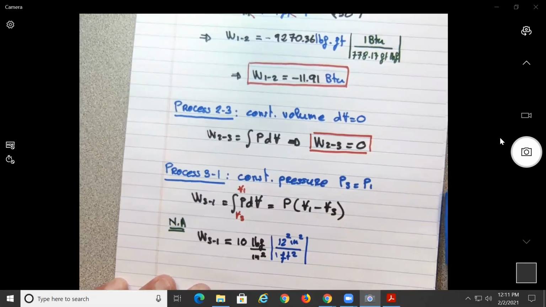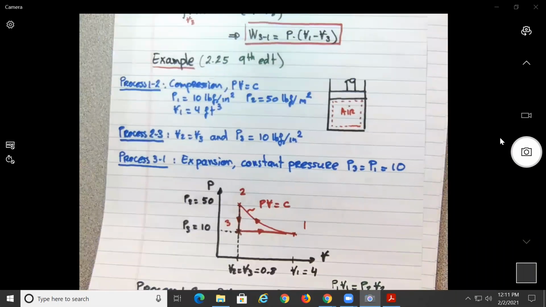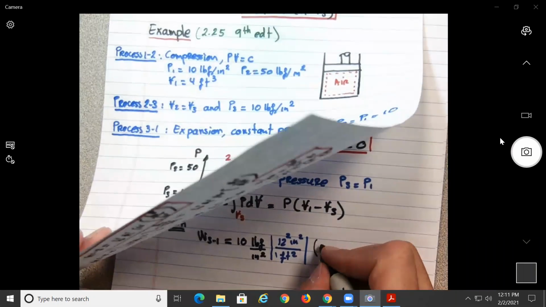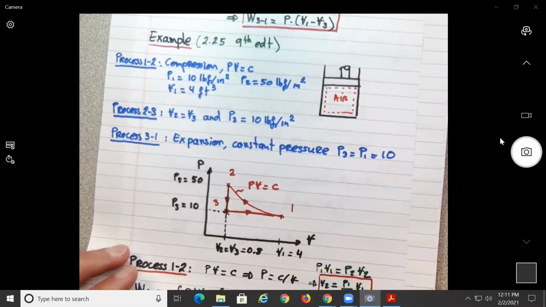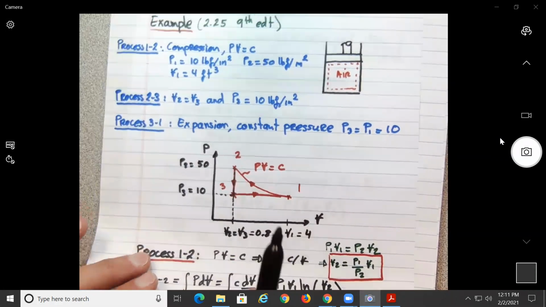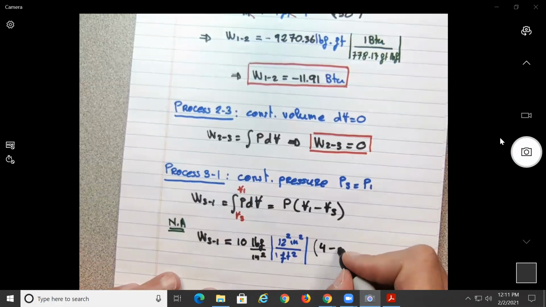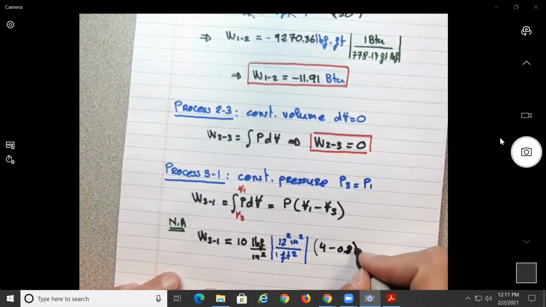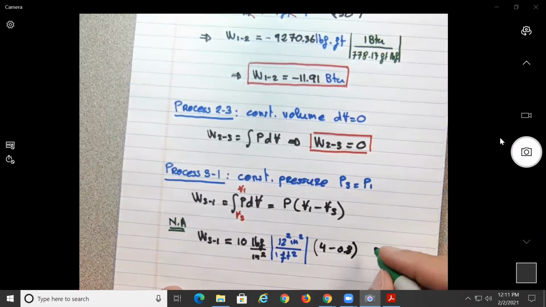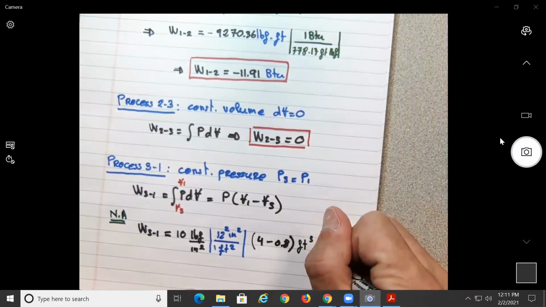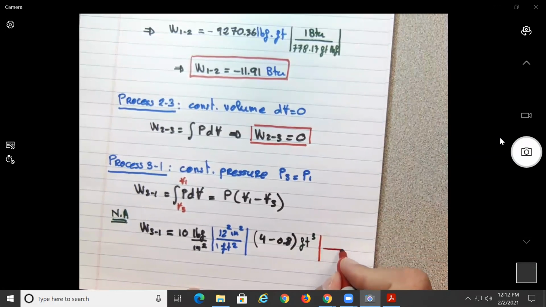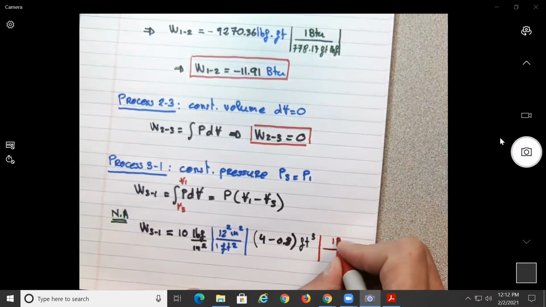And now we need to do the V's. We can do the V at the end. So it will be V1 is equal to 4 cubic feet. And V3 is equal to V2. And you told me that that value was 0.8. Okay, we need to leave that in cubic feet. And since I have some space over here, I'm going to do the last transformation at once. That way you can give me the results. We need to have the results in BTUs.